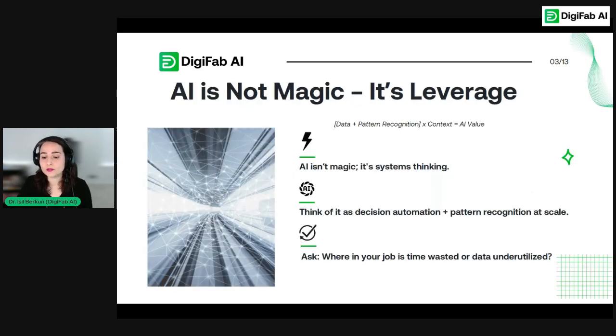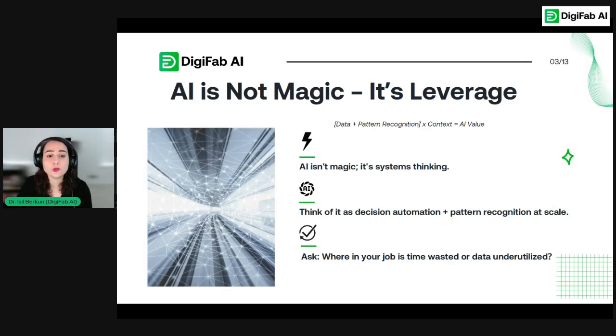First of all, let's start by emphasizing that AI, as a buzzword, is not magic, right? It's an equation. I call it a leverage equation, which means data and pattern recognition multiplied by context is the actual AI value.